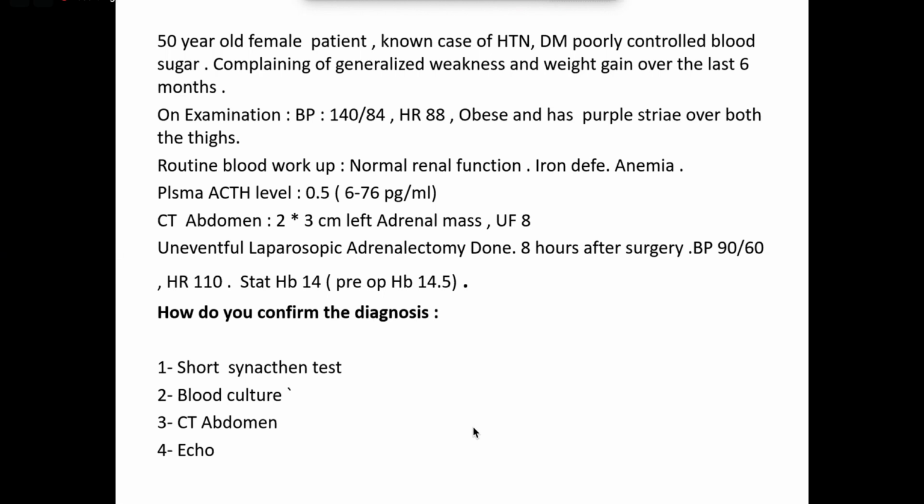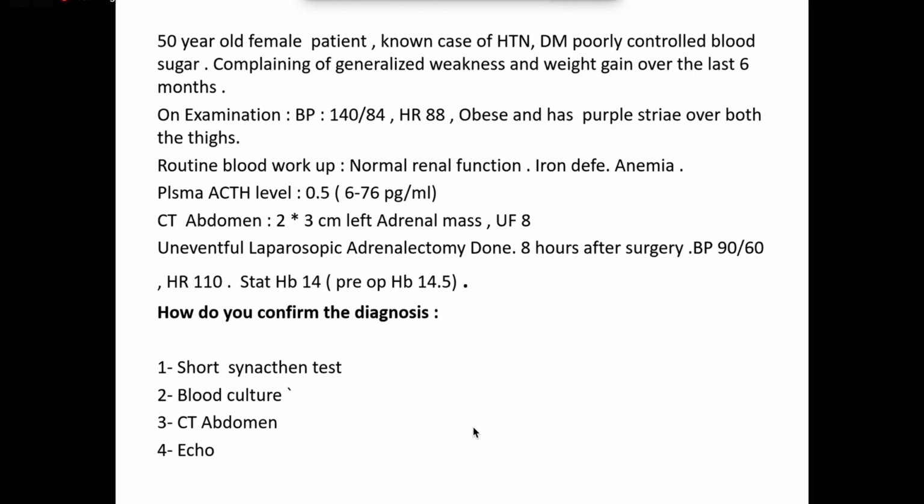And the most important thing is to read the CT scan. If the adrenal mass is 4 centimeters or more, most likely this patient will end up having adrenalectomy. And we have just to make sure, is this functioning or not?